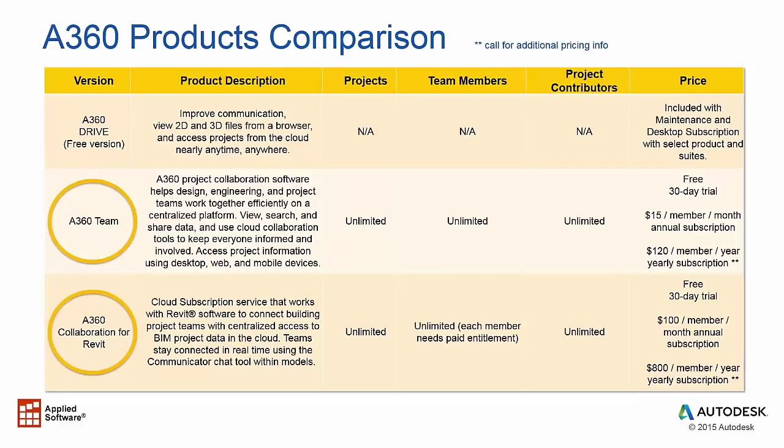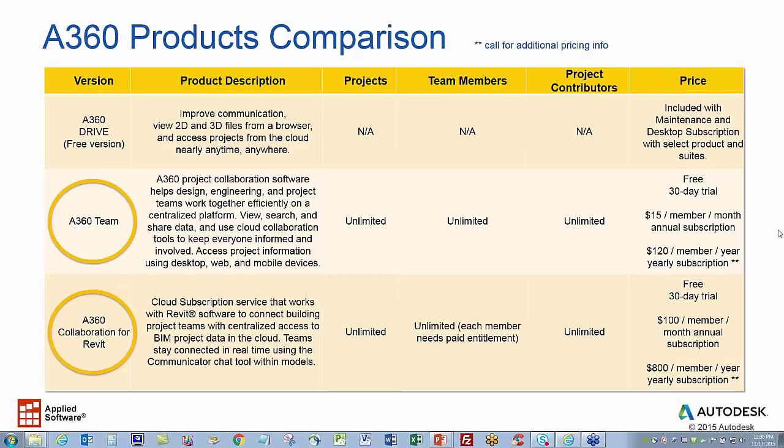When it comes to A360 Team, this is a subscription-based service, also on the cloud, that allows multiple people from different stakeholders and companies to share the same files on the cloud, also with different formats, but also be able to collaborate and view the models and drawings online and be able to mark them up and spin them around and other things as well.